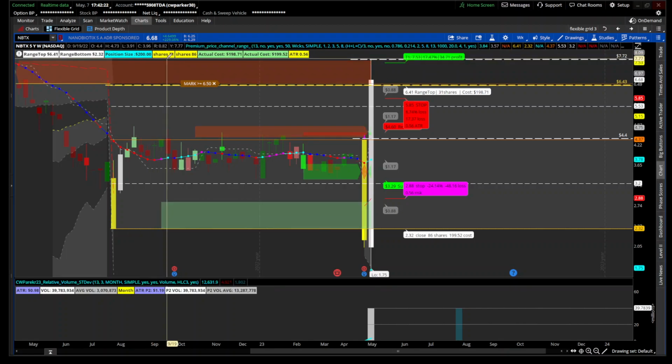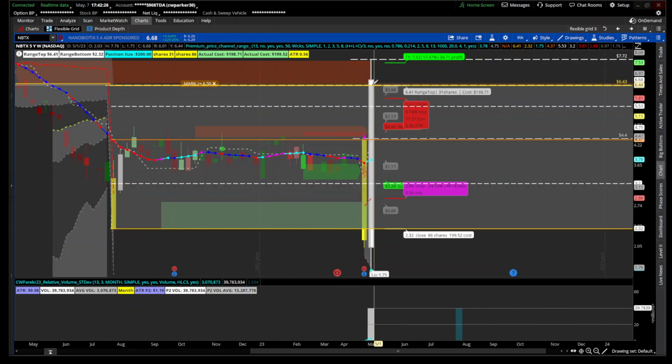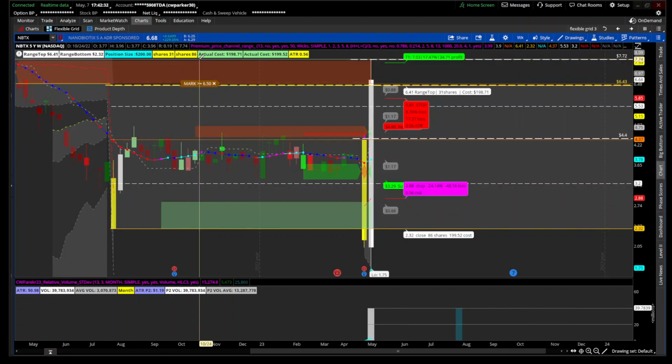So you have shares. That's the amount of shares $200 worth of this at this range will buy you. It's $6.43. It'll buy you 86 shares, and the actual cost if you buy right at that price would be $198.71.